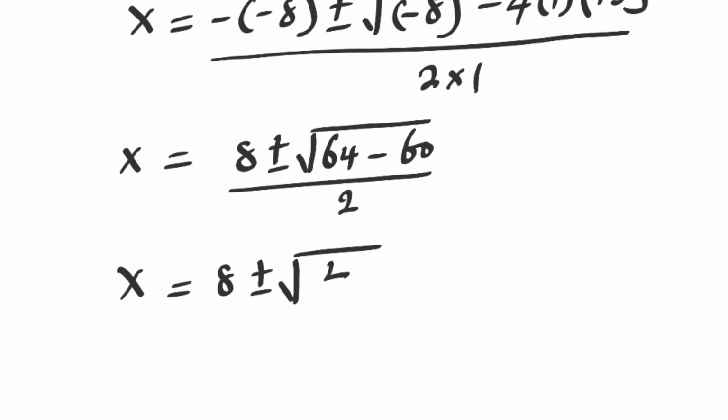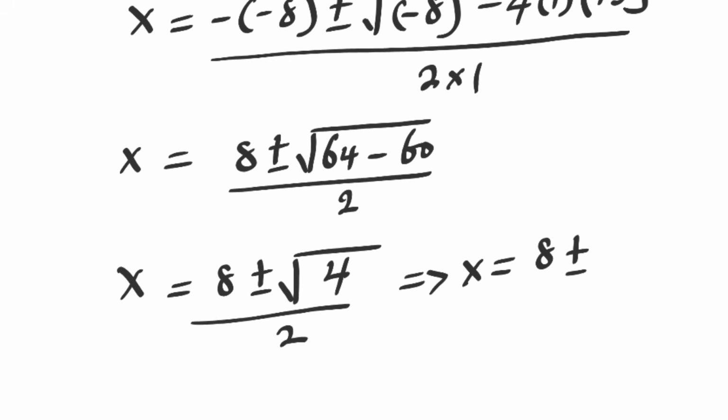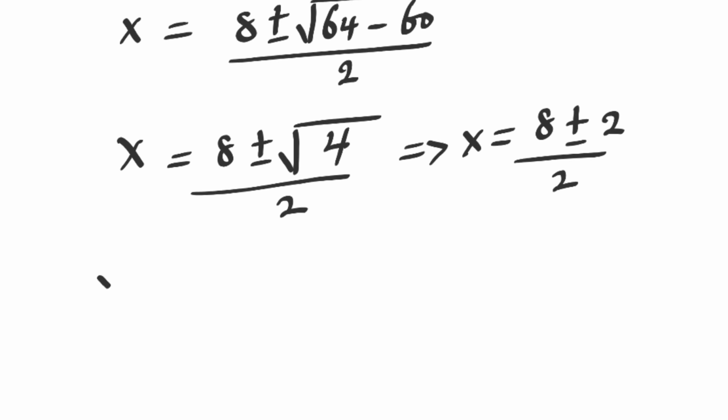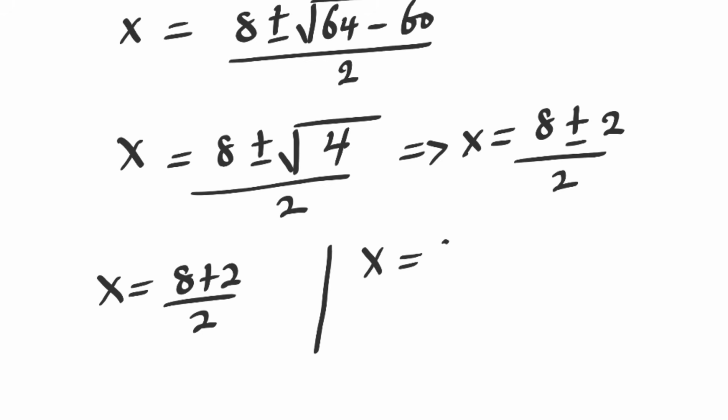That is 4, divided by 2. This can be written as x is equal to 8 plus or minus square root of 4 is 2, divided by 2. x is equal to 8 plus 2 divided by 2, or x is equal to 8 minus 2 divided by 2.